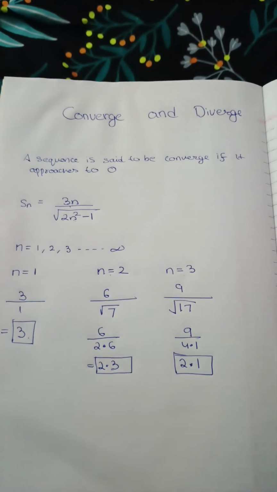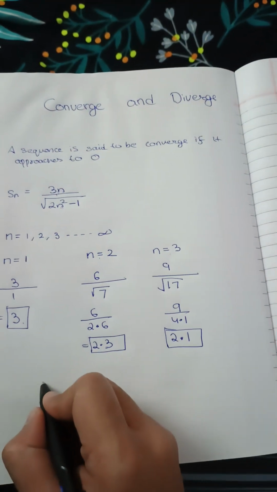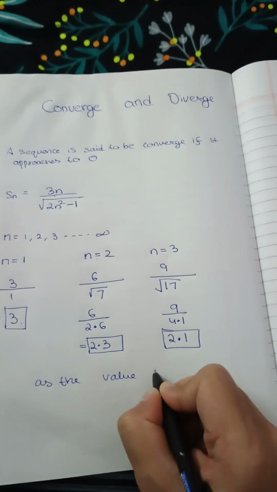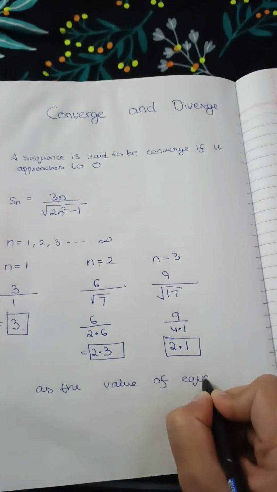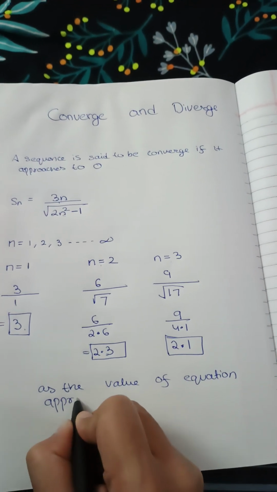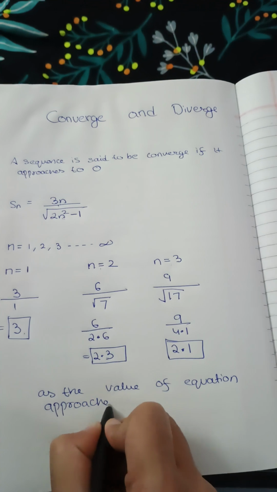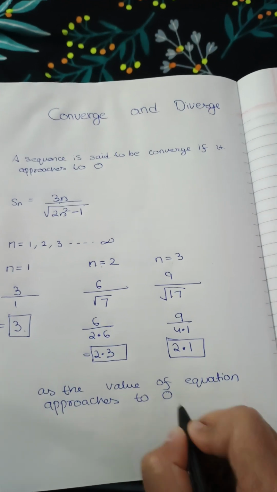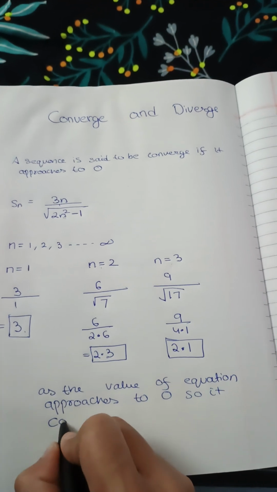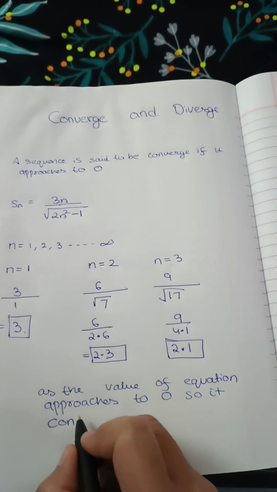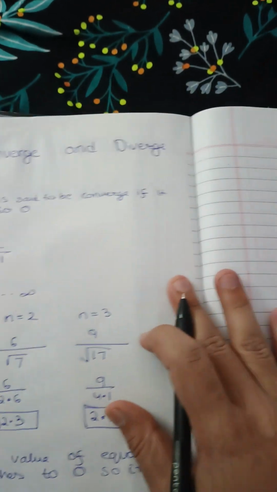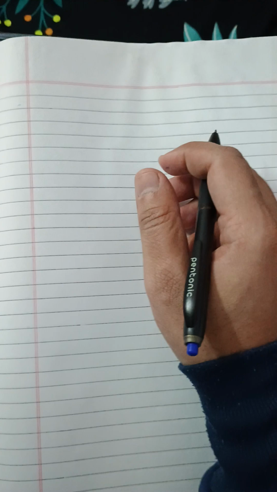So that's why we say that as the value of the equation approaches 0, it converges, or it is a converged sequence.